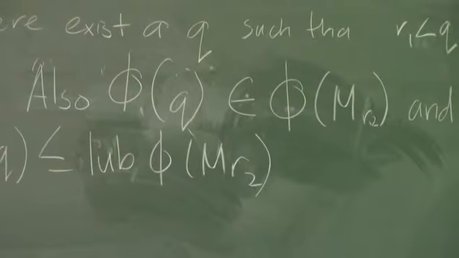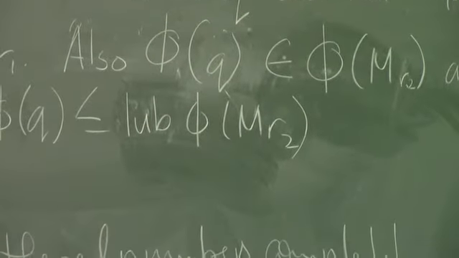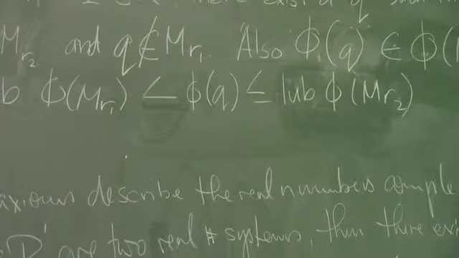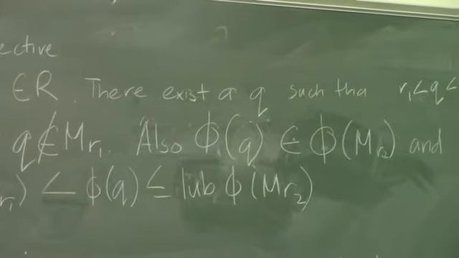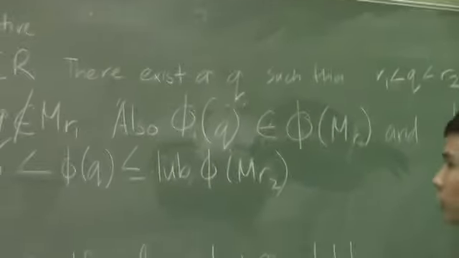The left-hand side is phi of r1, the right-hand side is phi of r2, by our definition. And we have strict inequality. The definition of the least upper bound is that line right there, so you can rewrite that line.